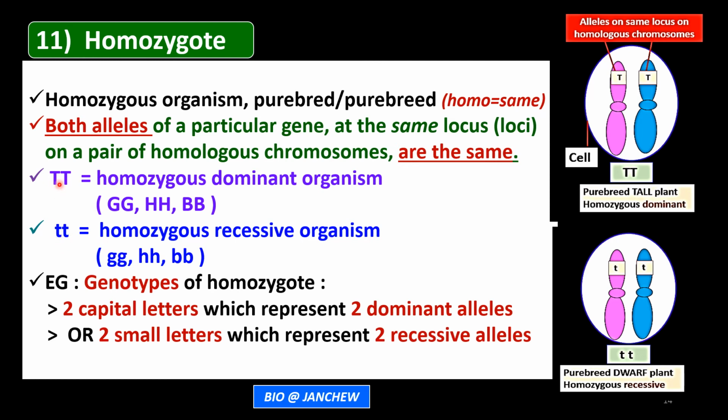Okay, so other examples of homozygous dominant organism are big G, big H, and so forth. The genotype consists of two capital letters, which represent two dominant alleles. And for the homozygous recessive organism, its genotype consists of two small letters like small g, small h, which represent two recessive alleles.